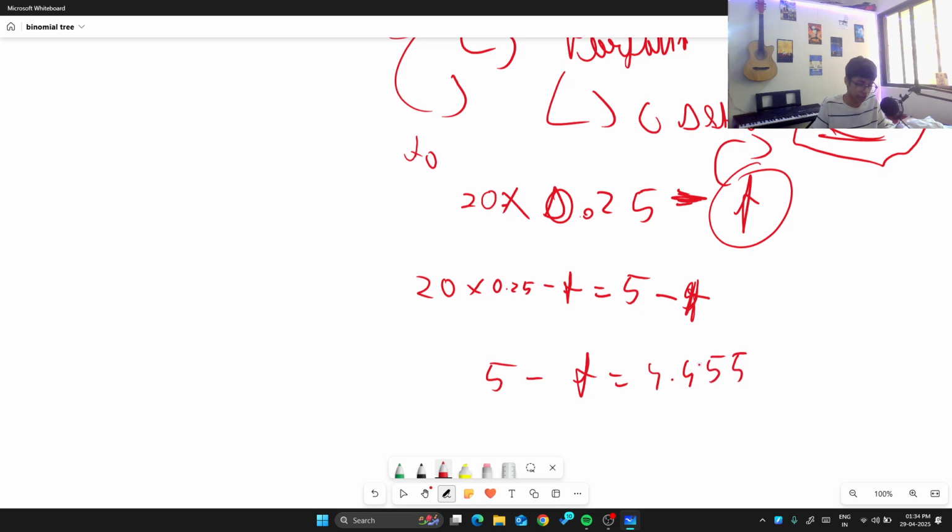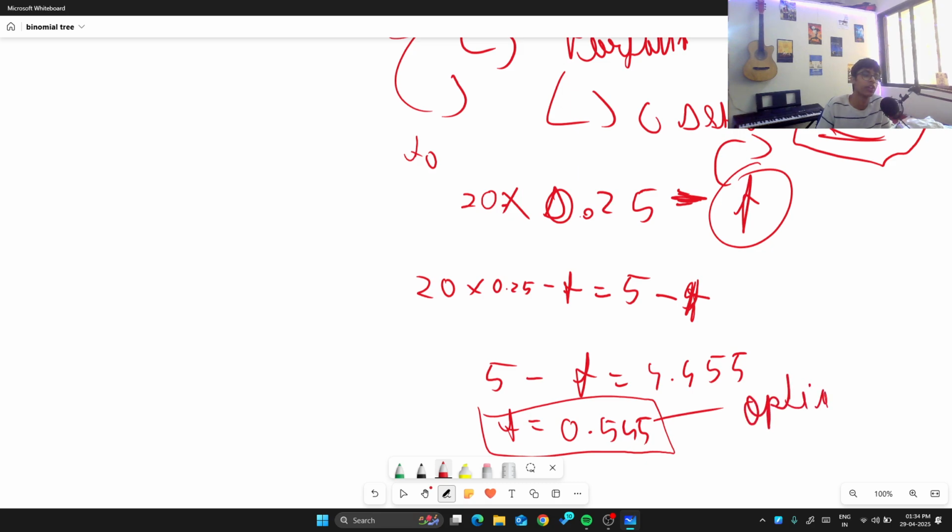The final value would be f equal to 0.545. So that's the option price. It's so simple, right?